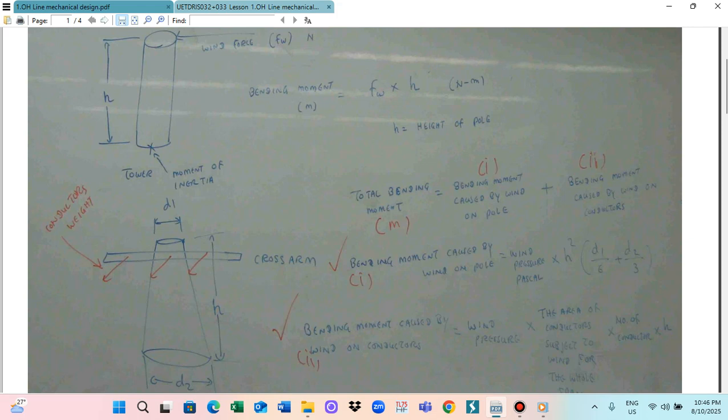In this case, this tower is suffering two forces. One force is the wind force. Another one will be the conductor force. So we can calculate the total bending moment.